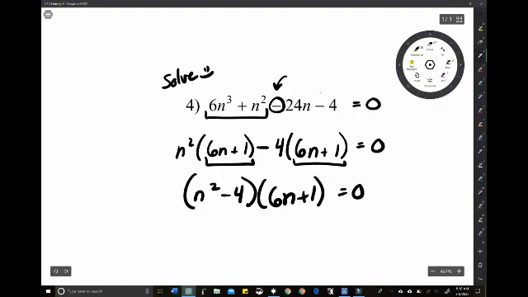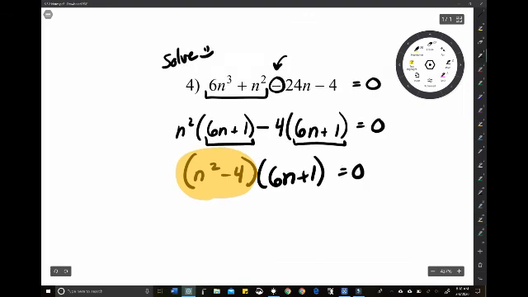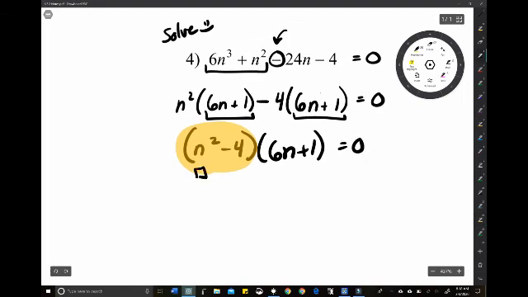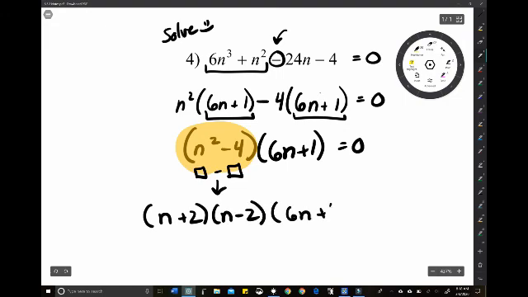Now it's a great idea to always check, always keep in mind, what is this here? There's a special thing about that that we can keep factoring possibly. If you remember, that's a difference of squares. So you could just rethink of it as n plus 2 and n minus 2 and then 6n plus 1.